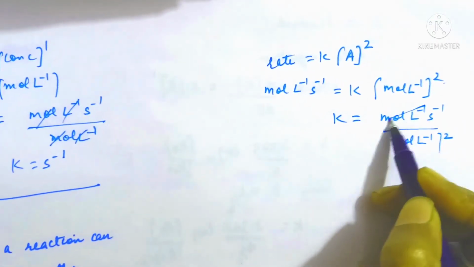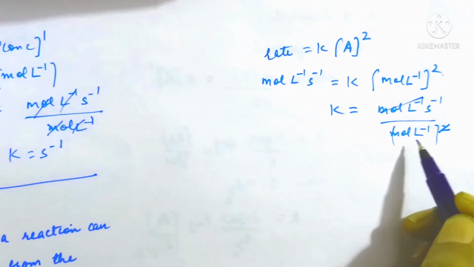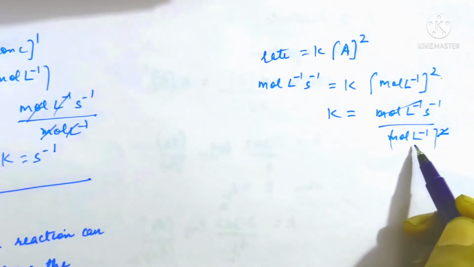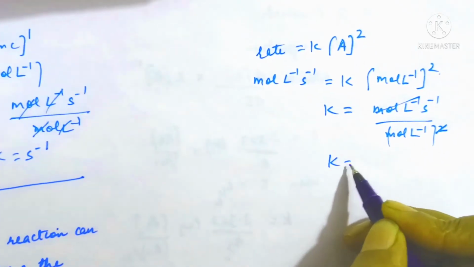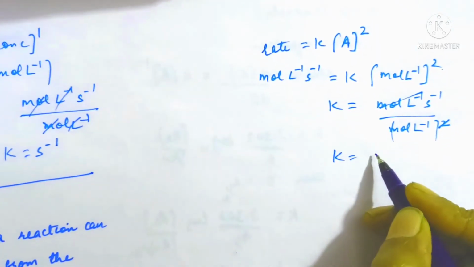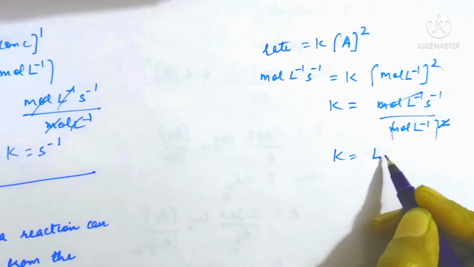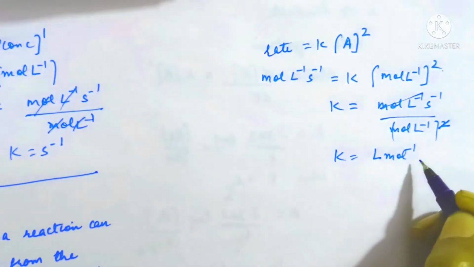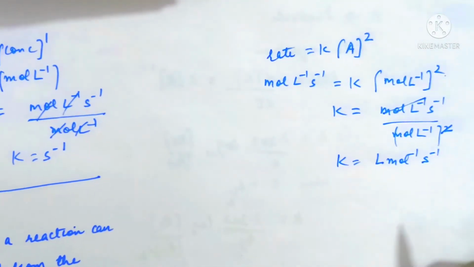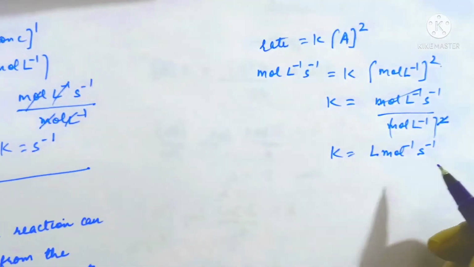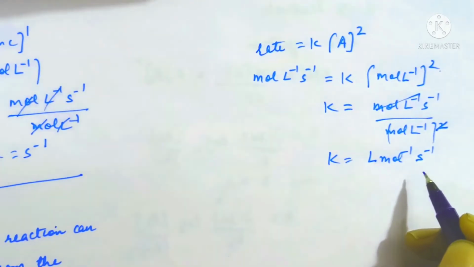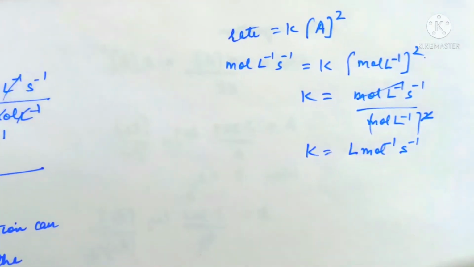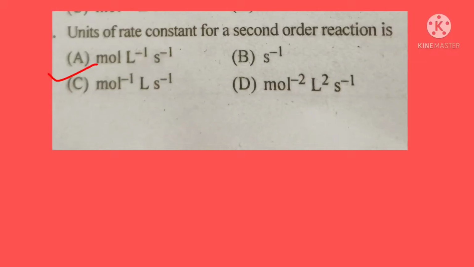So 1 mole per liter gets cancelled with this mole per liter and 1 is left. So liter on going to the top becomes liter raised to power 1. Mole becomes mole raised to power minus 1 and second inverse is already there. So units are liter, mole inverse, second inverse. Option C, mole inverse, liter, second inverse, is the correct answer.